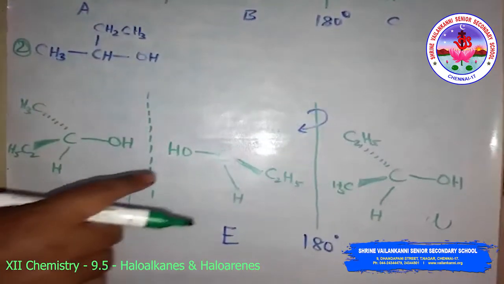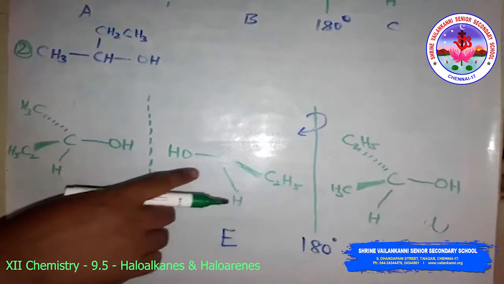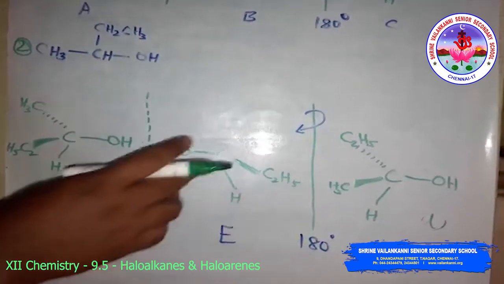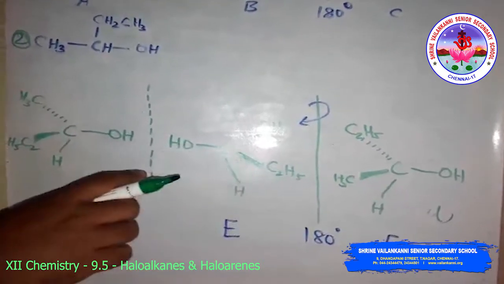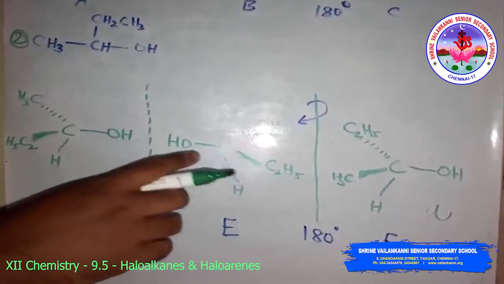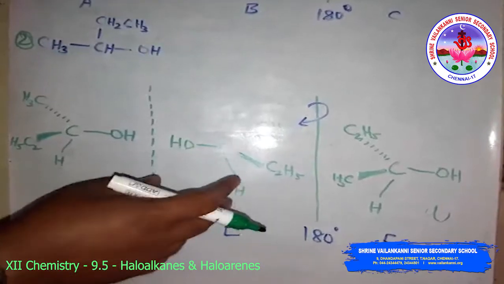Rotation only differs. So a mixture containing two enantiomers in equal proportions will have zero optical rotation, as the rotation due to one isomer will be cancelled by the rotation due to the other isomer. Such a mixture is called a racemic mixture or racemic modification.